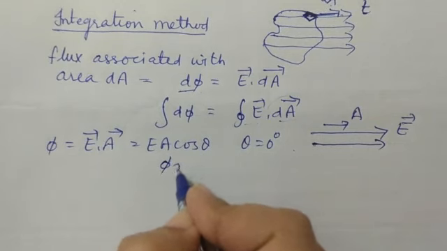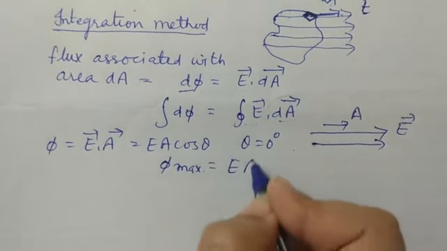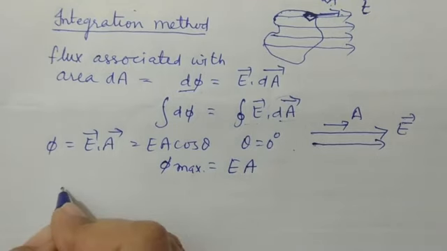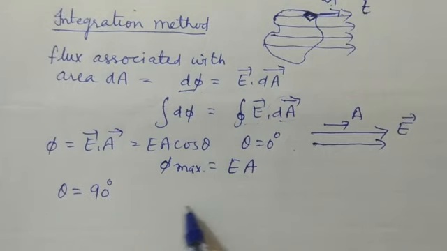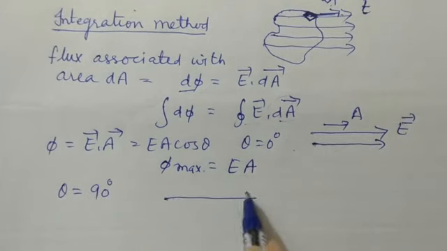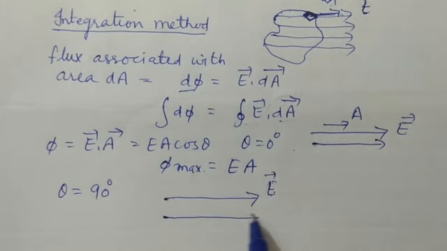So phi maximum is equal to E into A. When we take theta equals 90 degrees, 90 degrees means the area vector and electric field lines have an angle of 90 degrees.